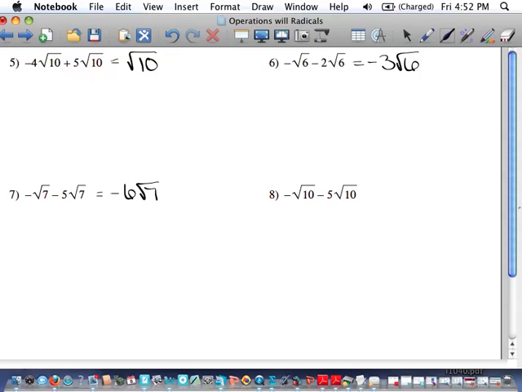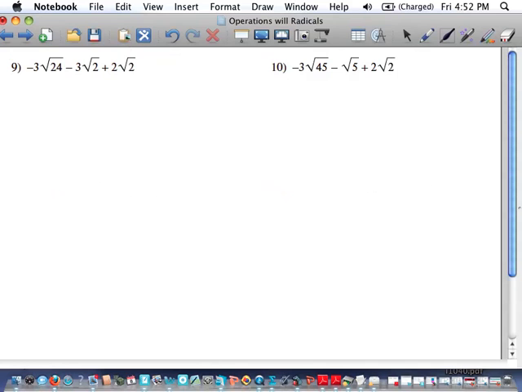Number 8, minus the square root of 10 minus 5 times the square root of 10 gives me negative 6 times the square root of 10. And in all of those cases, the radicands were the same, so it's simply a matter of combining like terms. In number 9, however, they are not the same.